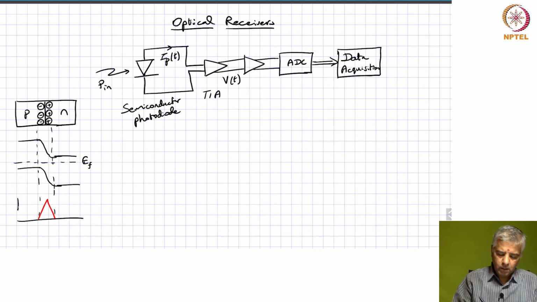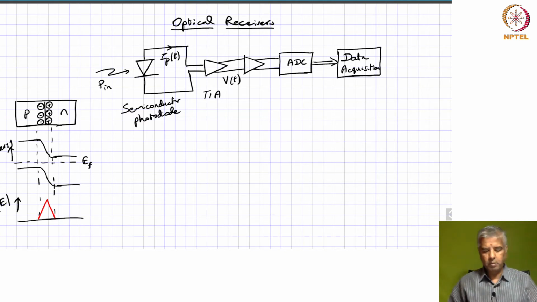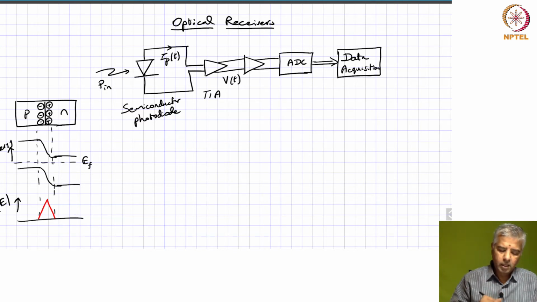So this is actually the energy, and here we are looking at the magnitude of the electric field. Okay, so there is a built-in electric field because of these fixed charges over here.